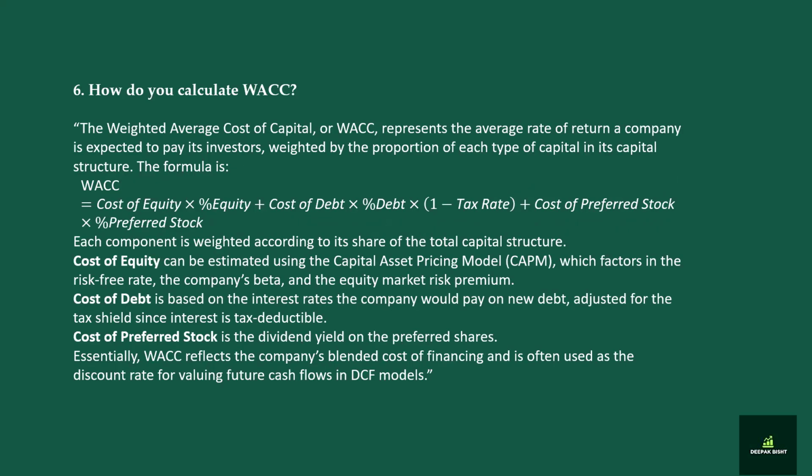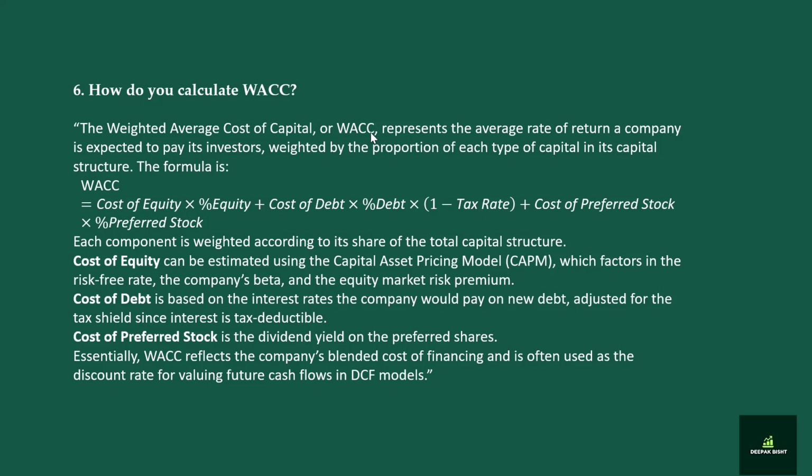How do you calculate WACC, the weighted average cost of capital, commonly known as WACC? Here it's given: the weighted average cost of capital represents the average return a company is expected to provide to all its capital providers. It includes equity and debt both.